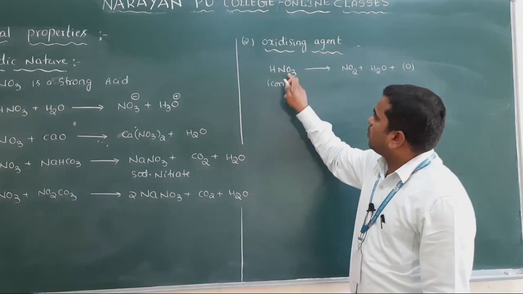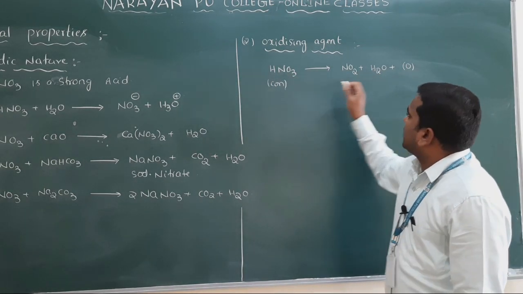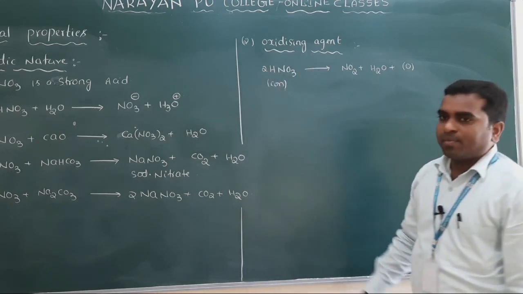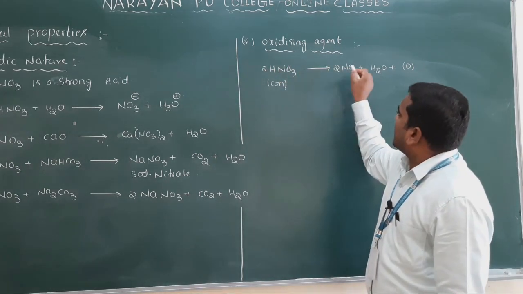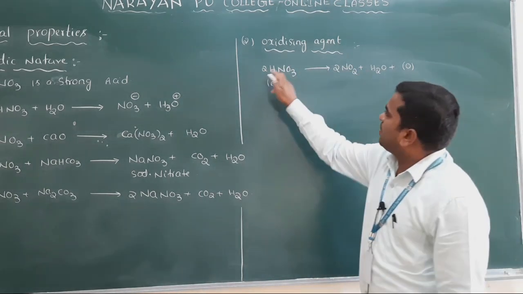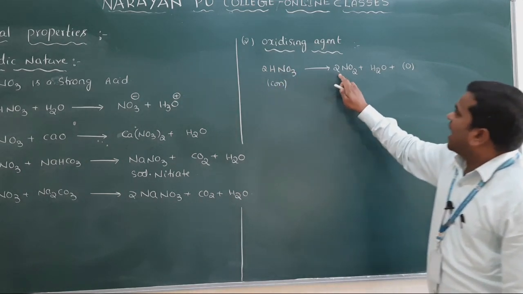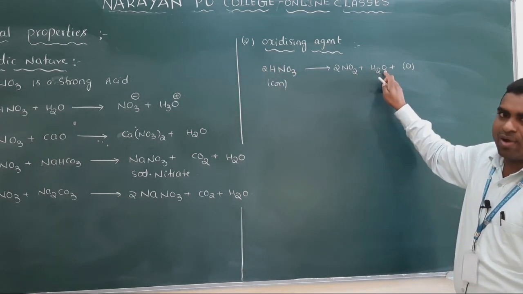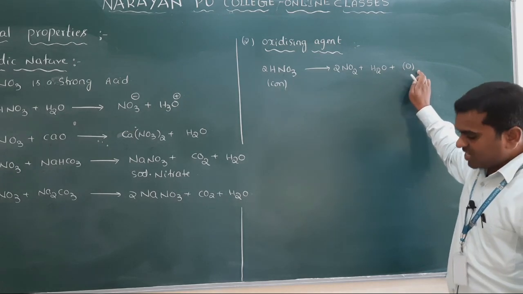See now, HNO3 is there, and for H2O, how many moles do I have to take? 2 moles here. Take 2 moles, then I will get 2 NO2. So how many oxygens are there here? 6. And here 4 plus 1, 5. That means 1 nascent oxygen.